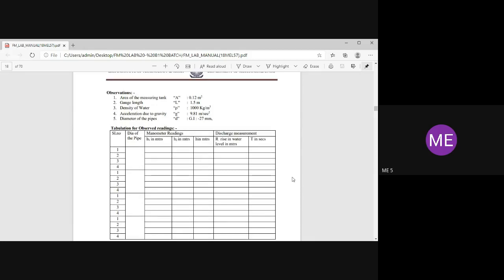After the tabular column, I'll give the readings. The calculation is less in this case.